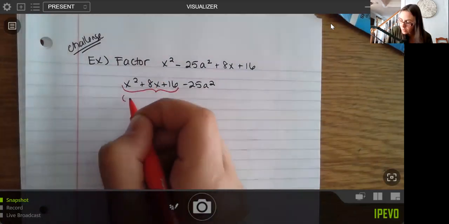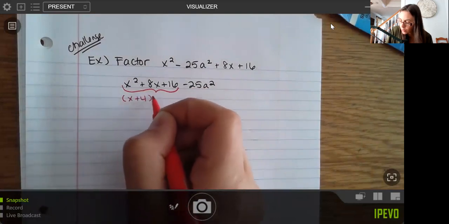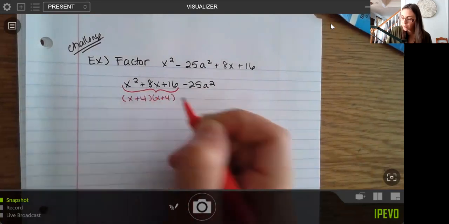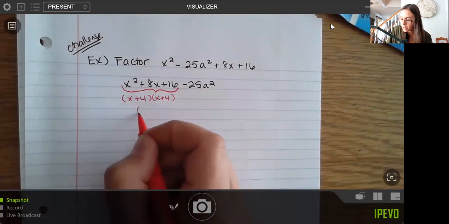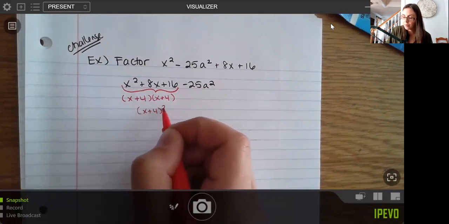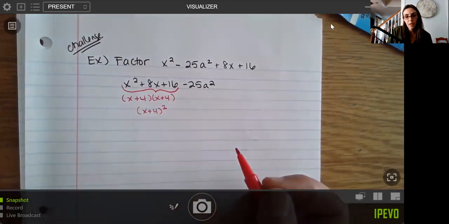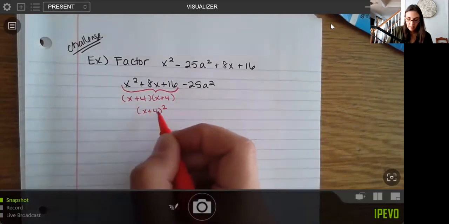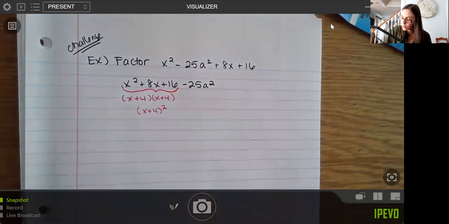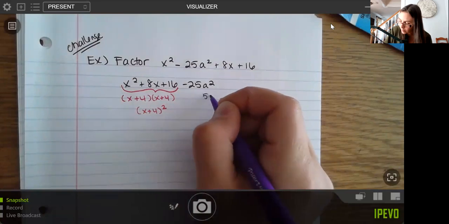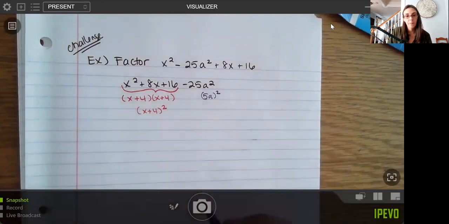If you factor this, and you can do it by trial and error or by the grouping method because it's a trinomial, you're going to see that you have a perfect square here, and you also have a perfect square here.